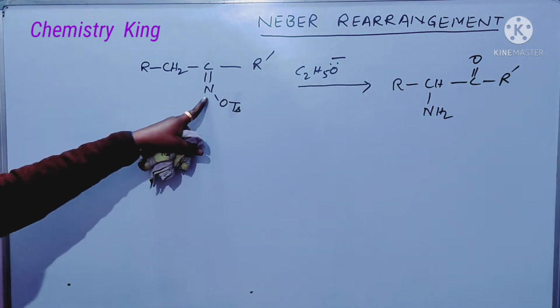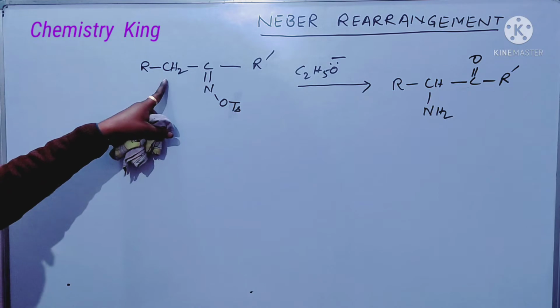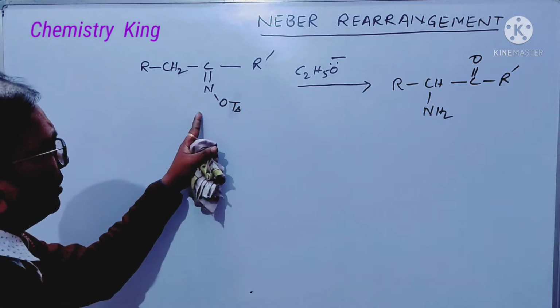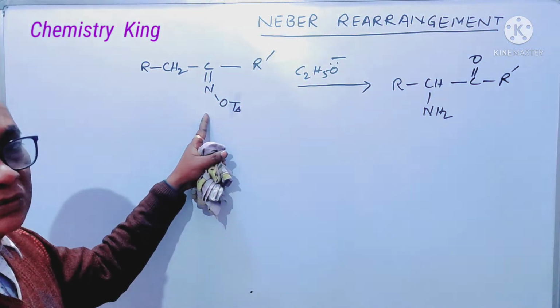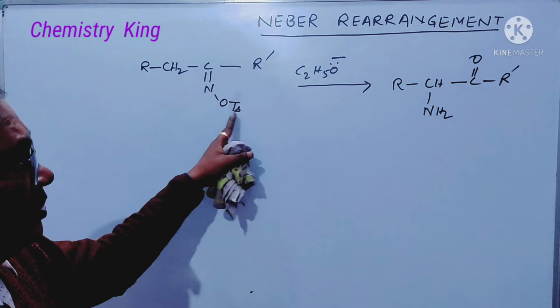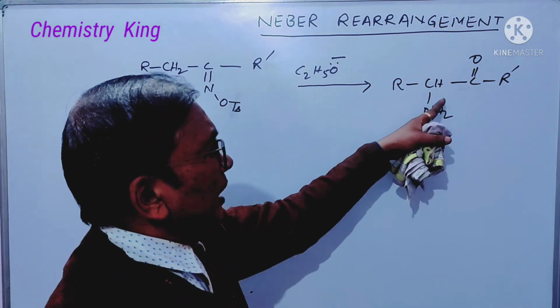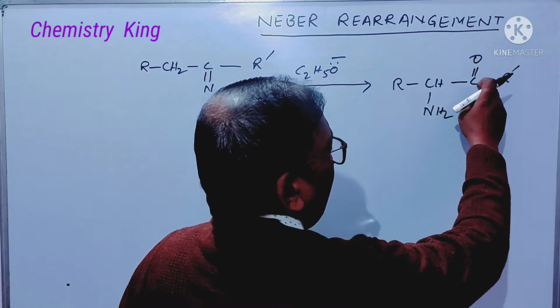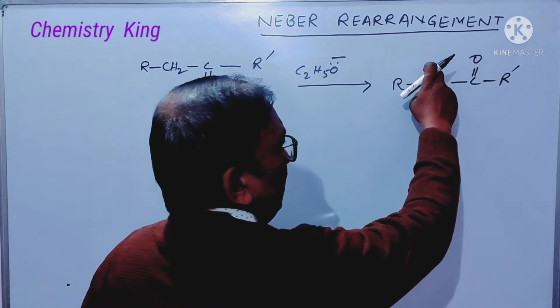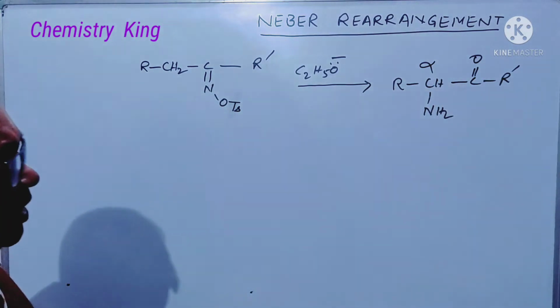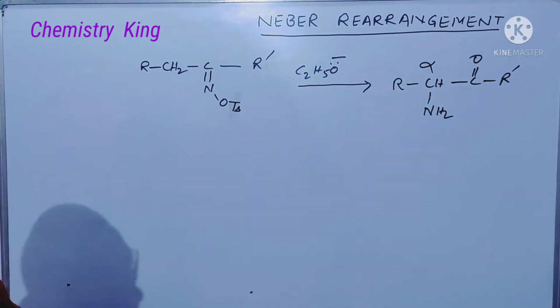It is a rearrangement. Conversion of ketoxime tosylate into alpha amino ketone. It is a keto group, and with respect to this, it is the alpha carbon.